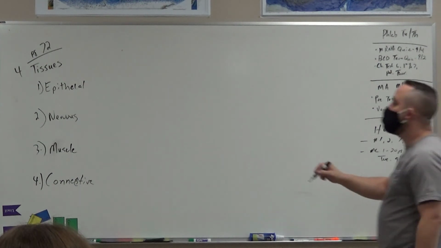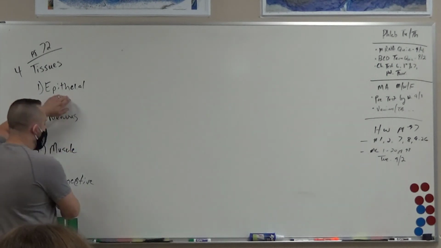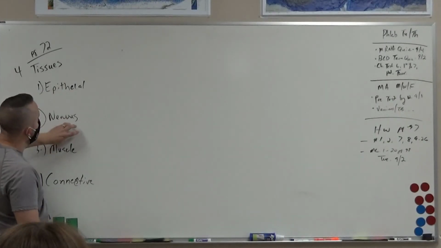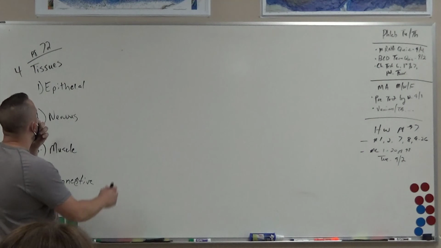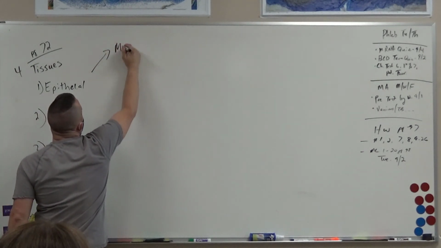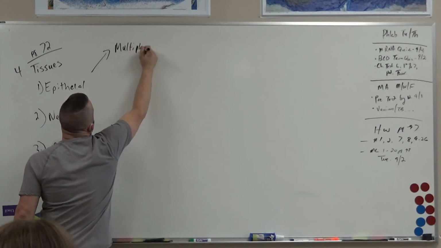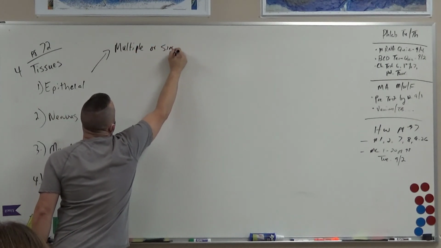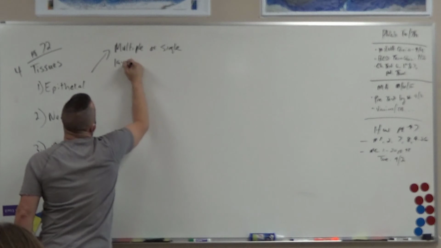So epithelial tissue, I just want to explain it to you for a few more minutes. I've already hit this as much as I'm going to, and we're going to talk about these briefly. So we have multiple layers thick or single layer thick.